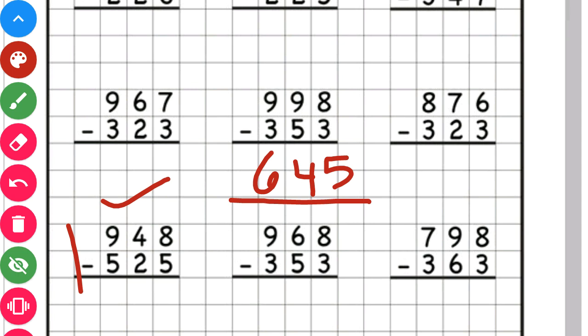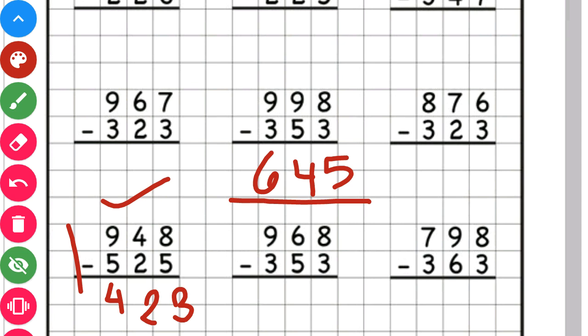Okay, let us see. Now, my answer is 3, 2 and 4. 423. So tell me whether you all have got the same answer. Okay, great.